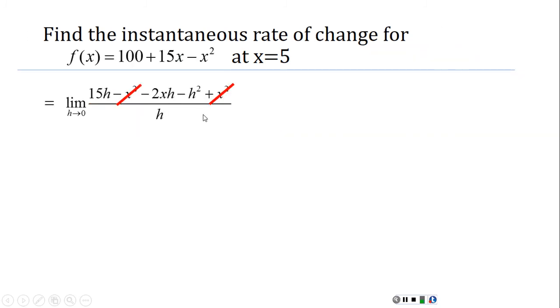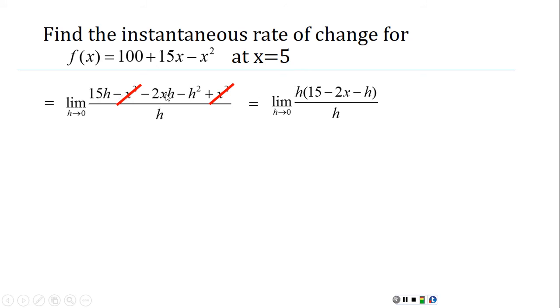So this is what we just had. Okay, so I take what I have left, 15h minus 2xh minus h squared. They all have an h. I'm going to take an h out of each of these and put it right here, pull it out. And it leaves me with, if I take an h away from here, it leaves me with 15.